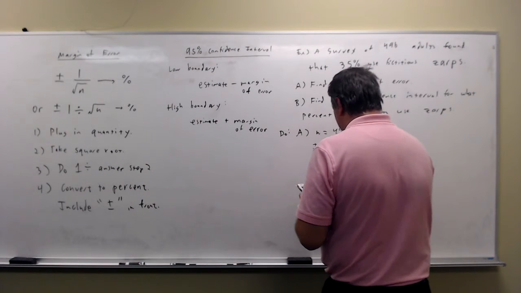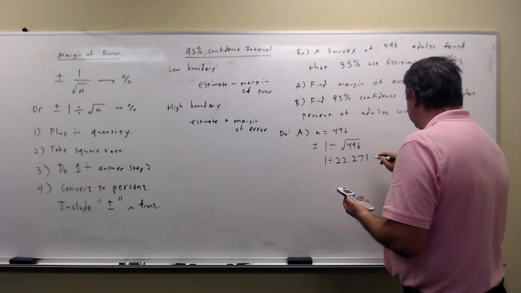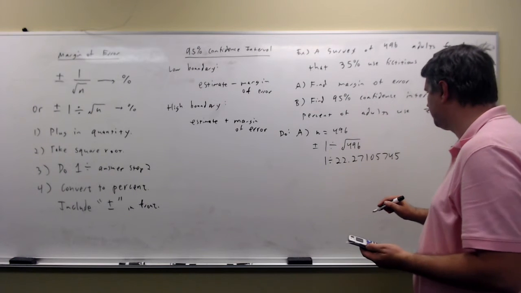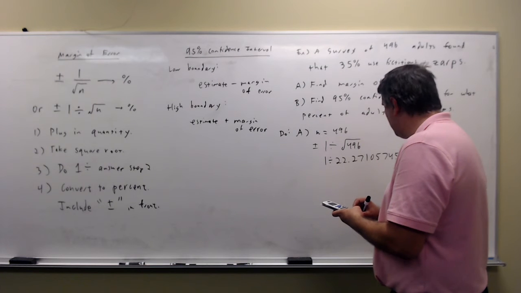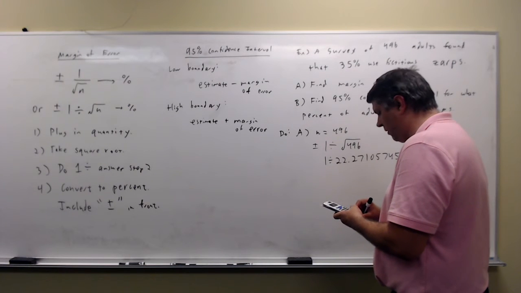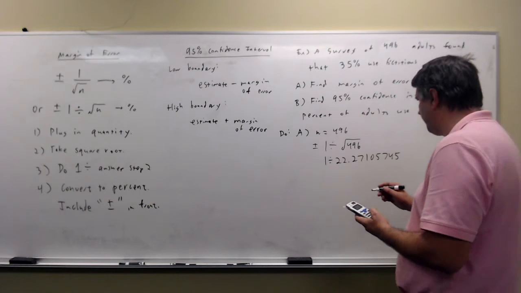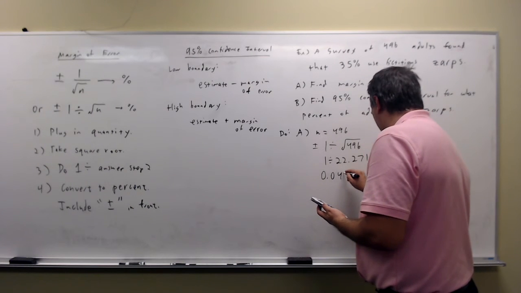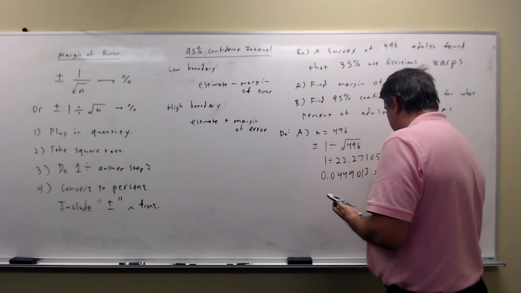1 divided by 22.27105745. So 1 divided by 22.27105745. That gives me 0.0449013, blah, blah, blah.